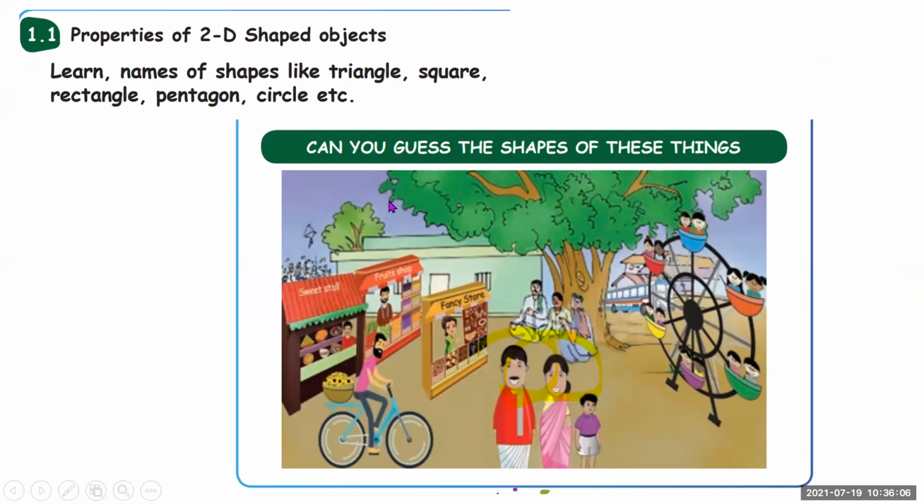What we are going to see now is two dimension, 2D pictures or 2D shapes. We already know in earlier lessons some of the shapes like triangle, square, rectangle, pentagon, circle, etc.